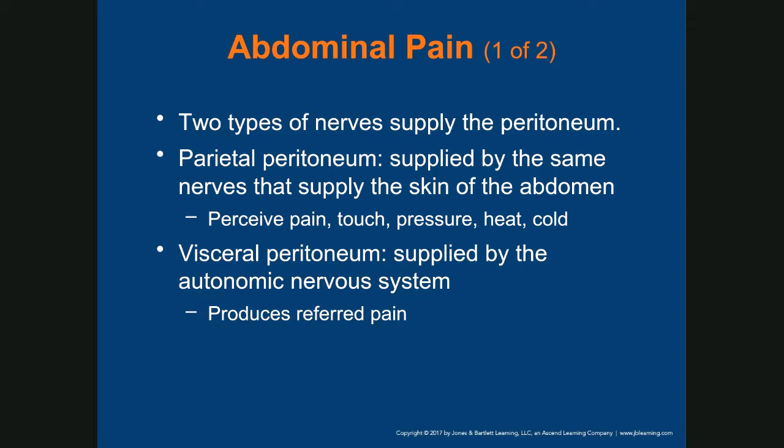So the visceral is the one that is directly attached to the organ. So when there is pain to the organs within the abdomen, you can get referred pain in other areas of the body because the nerves innervate with the nerves from the autonomic nervous system.